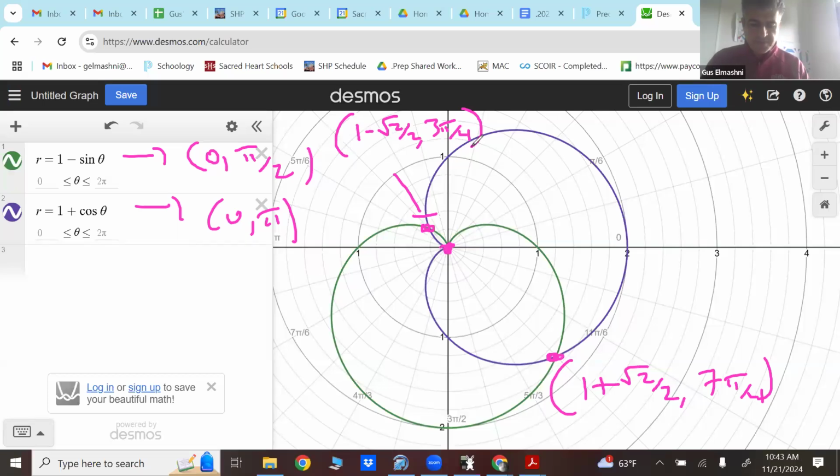Yeah, it's definitely a radius less than 1 where they're touching. So yeah, it makes sense. Okay, all right, 2 more.